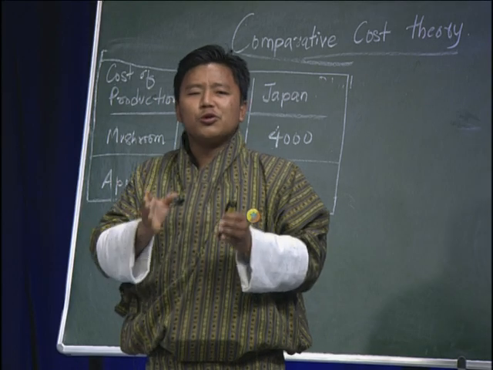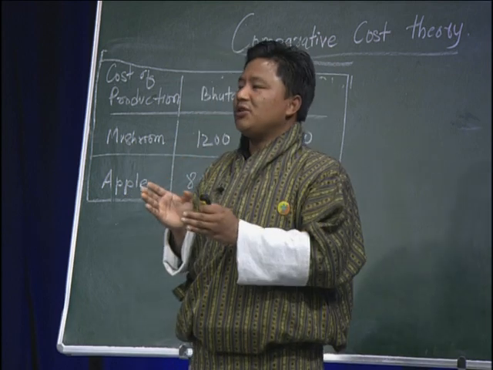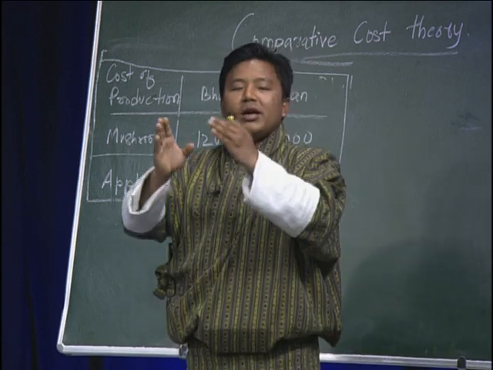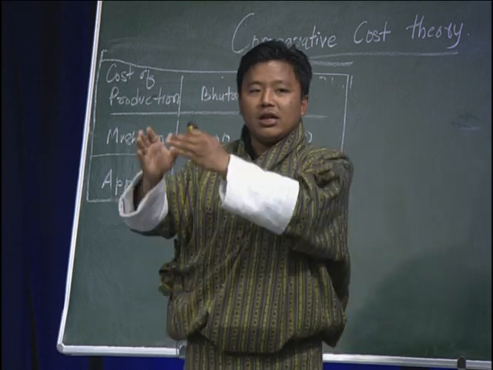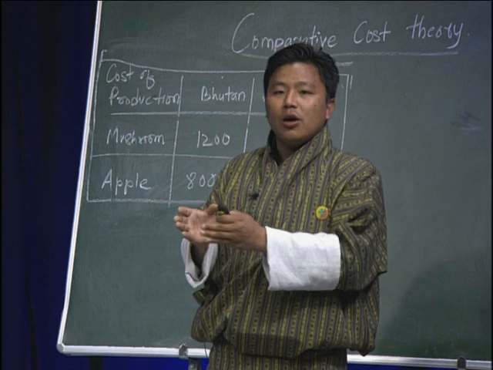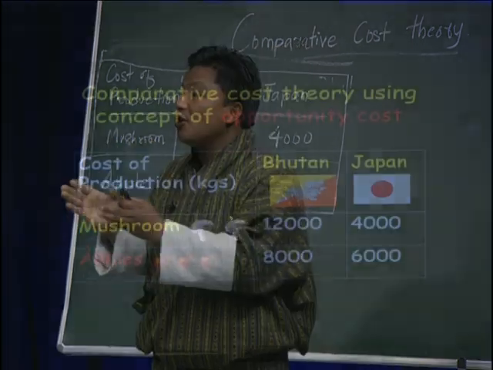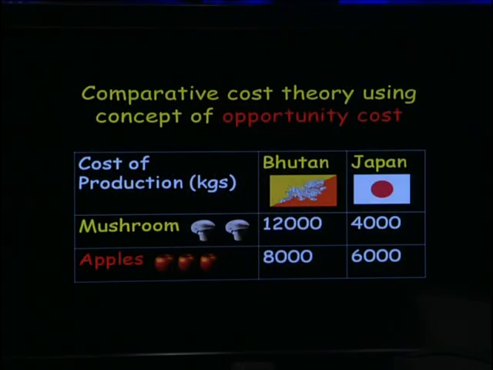Because the cost of producing these two commodities is very much less compared with Japan. Similarly, Bhutan can produce more mushroom and apple at the minimum cost of production. On the other hand, Japan has absolute disadvantage in the production of both commodities. Why?